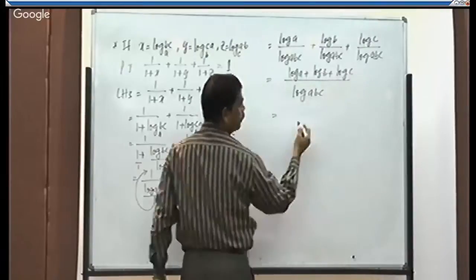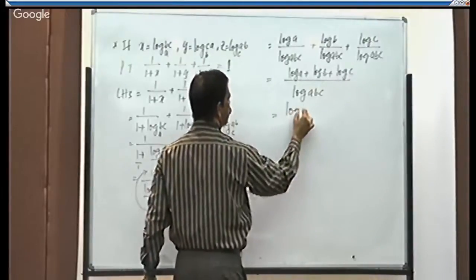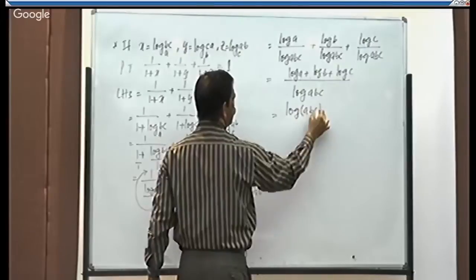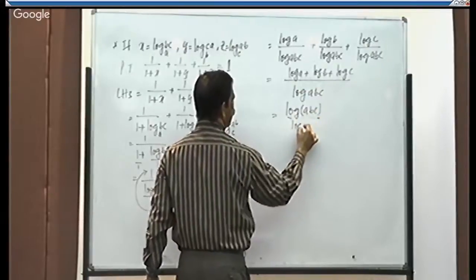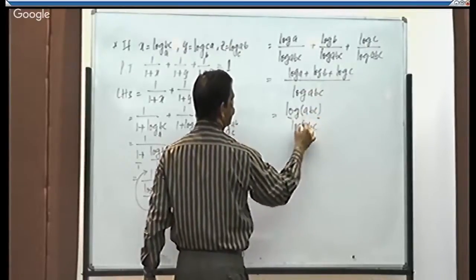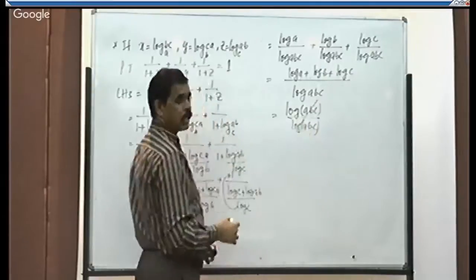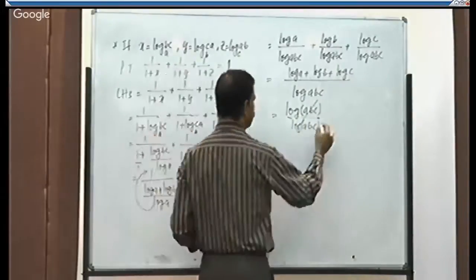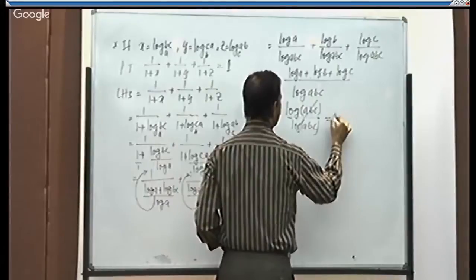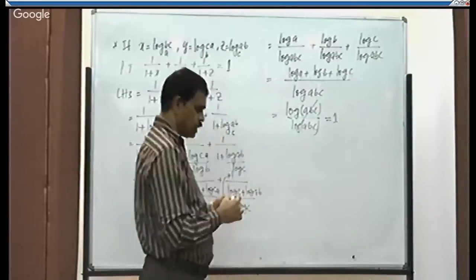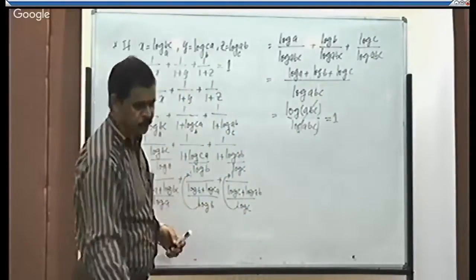Log MNP. According to that, it is equal to log of ABC divided by log of ABC. Same terms, if they get cancelled, it will be equal to 1. This is the right answer. Okay.